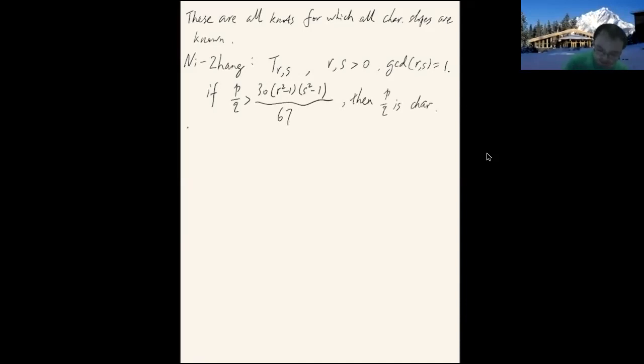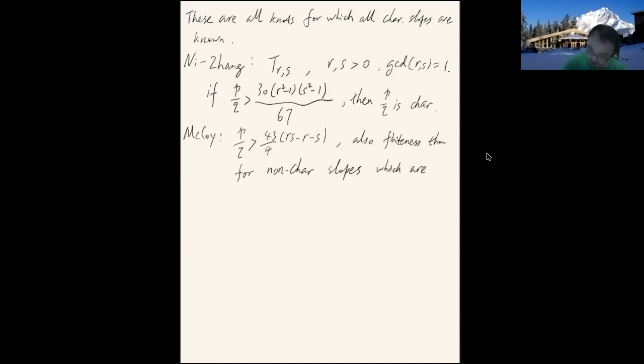And Duncan improved this to 43R over 4RS minus RS, and also proved a finiteness theorem for non-characterizing slopes which are not integers.